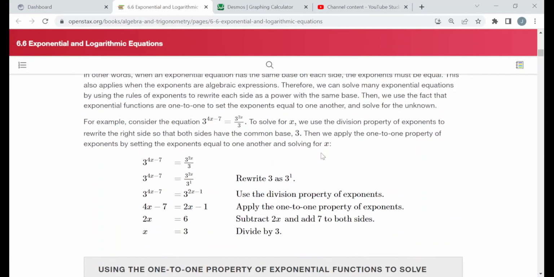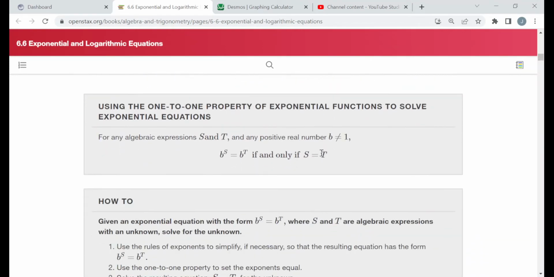Alright, what we're going to be doing in this video is making use of the one-to-one property of exponential functions, which I'm going to read to you here. For any algebraic expressions s and t, and any positive real number b that's not 1, b to the s equals b to the t if and only if s equals t. So this goes in both directions.